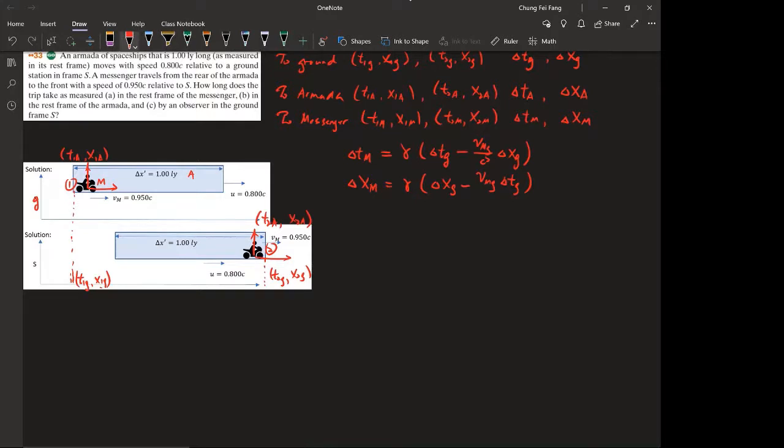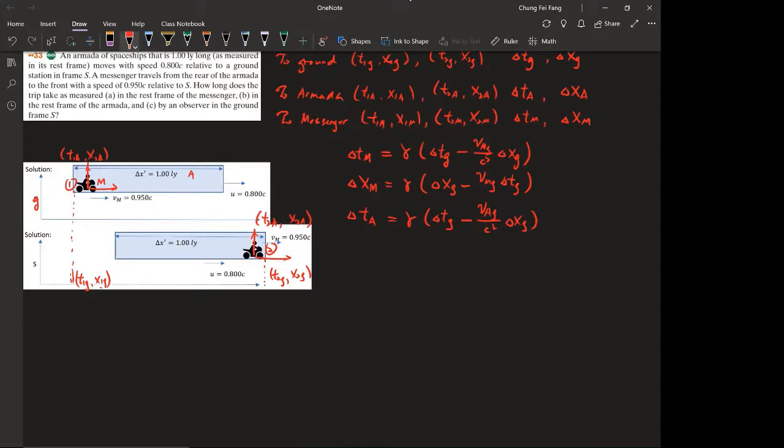Similarly, we can use the Lorentz transformation to find the relation between the Amanda measurement and the ground. This is delta TG minus V_AG over c squared times delta XG, where V_AG is the Amanda speed relative to the ground station.